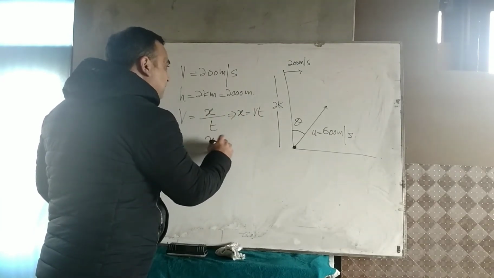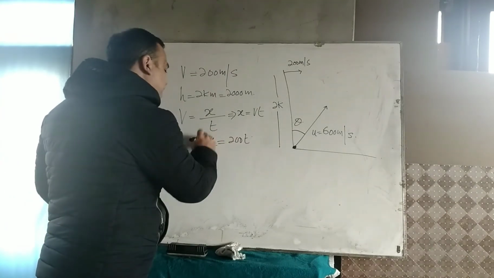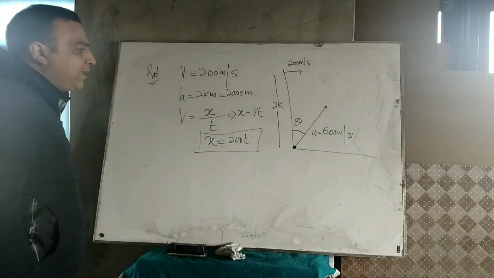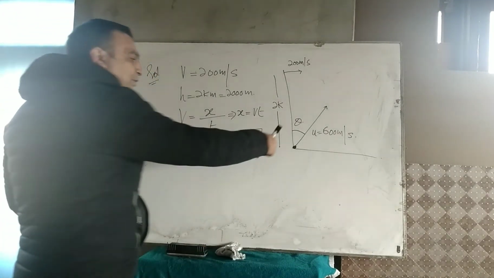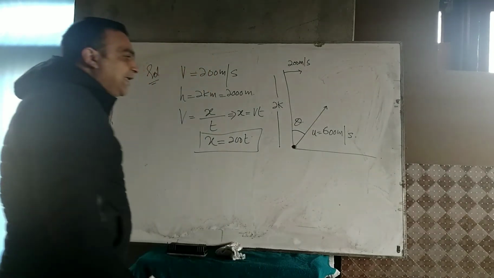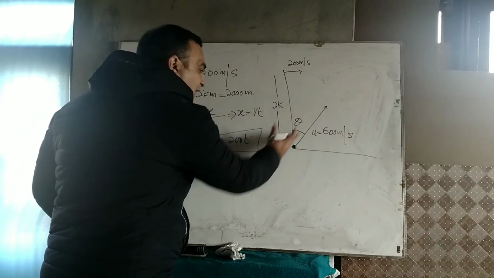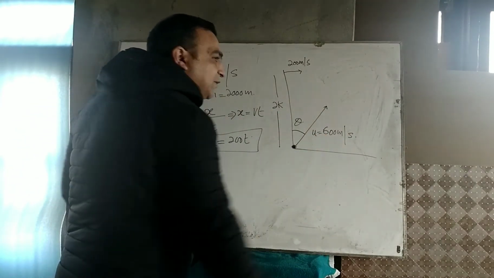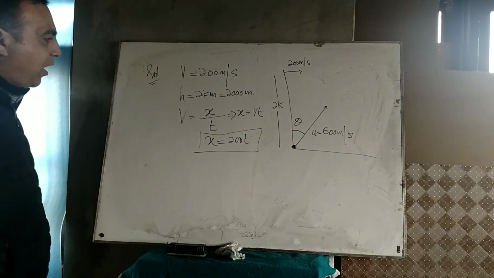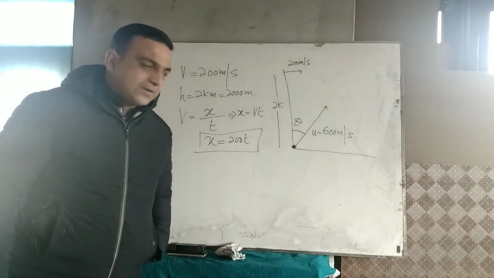This implies the distance it covers for the time t is vt. So this x must be 200t. Now, a bullet has to be shot from the ground using an anti-aircraft gun, and it has a muzzle speed. Its initial velocity is 600 meters per second. So I should write down the horizontal component of its velocity.